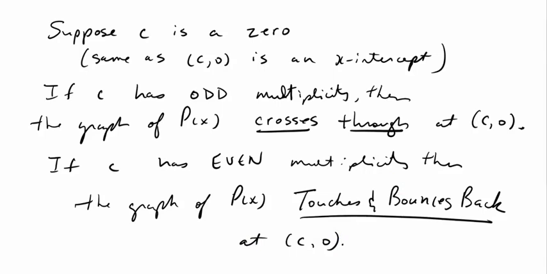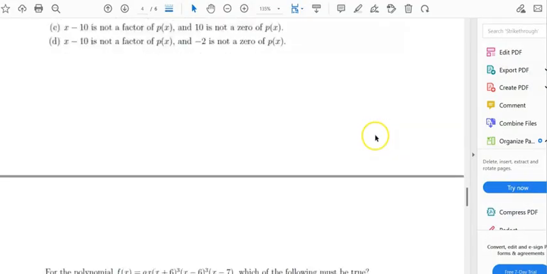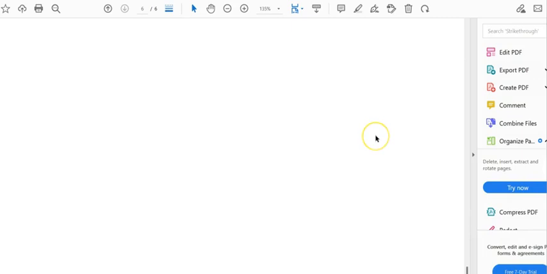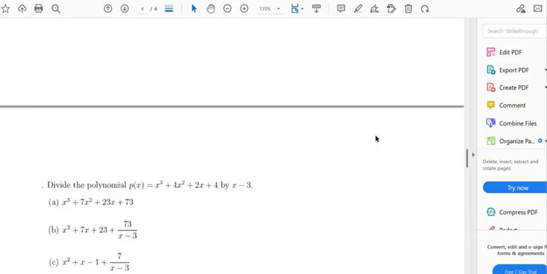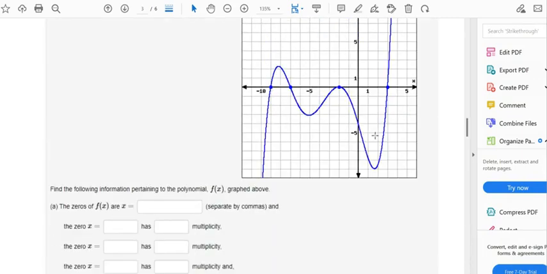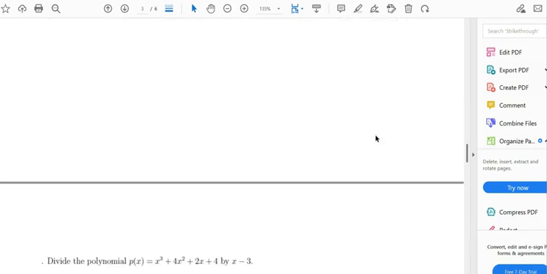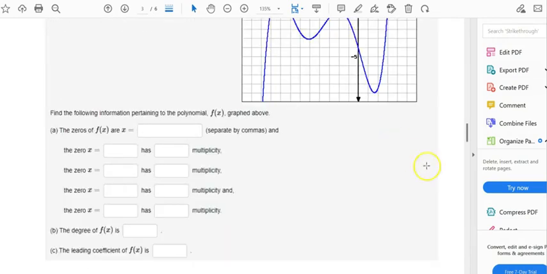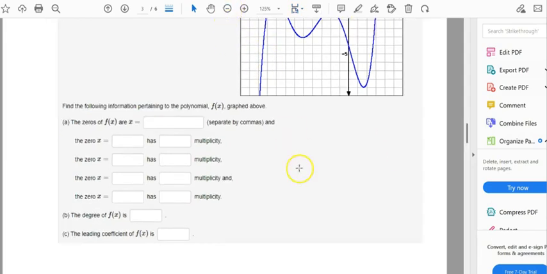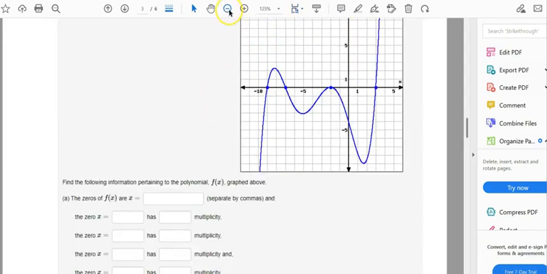All right, so let's see what's going to happen. All right, let's have a look at this. Let me make it a little bit smaller so I can get it in here.